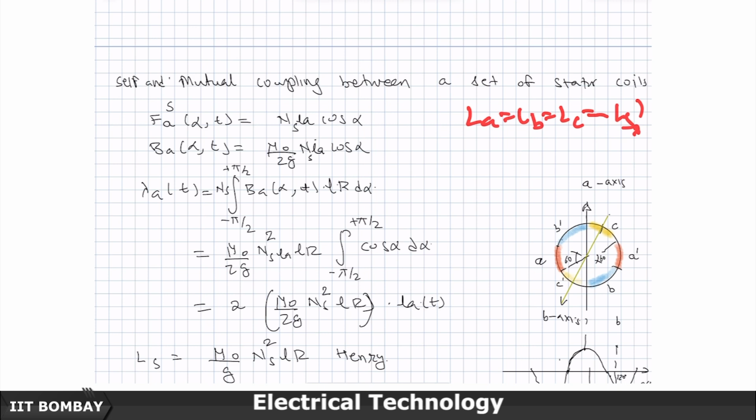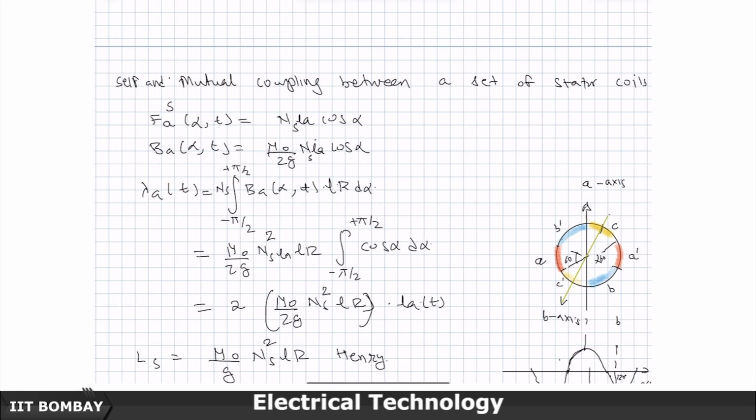They are only distributed in space, but otherwise the number of turns, their distribution, everything else being the same, the 3 self inductances will be identical. And then we have to calculate LR, which is the self inductance of the rotor winding, because I am now talking of a cylindrical rotor. So, LR will not be a function of theta, it will just be a constant.